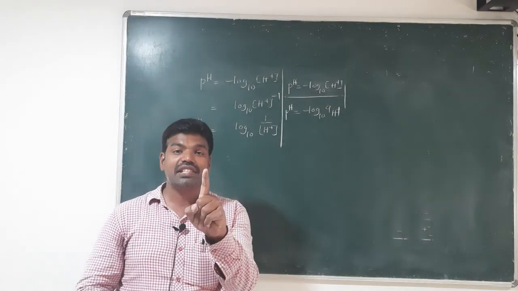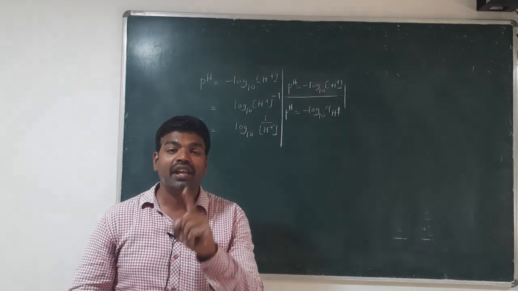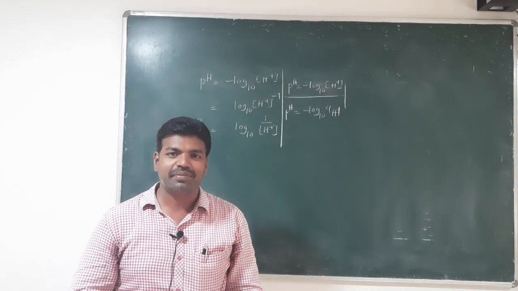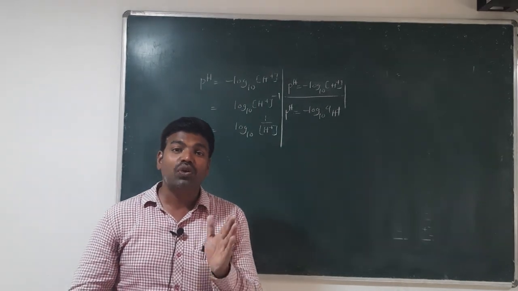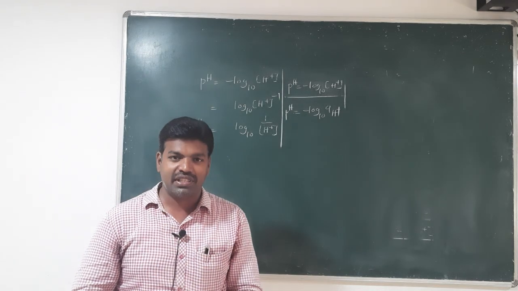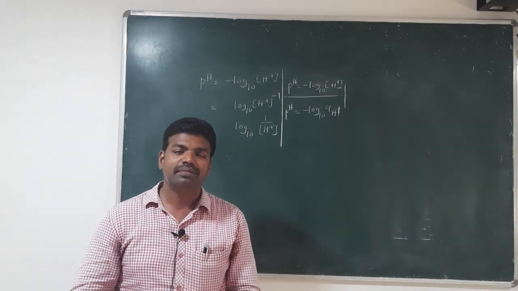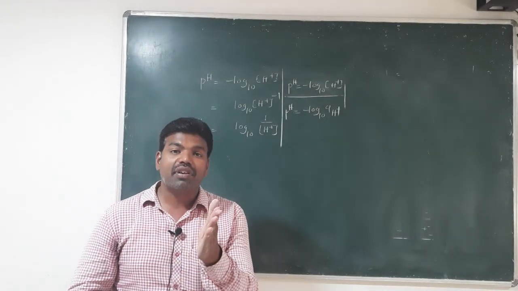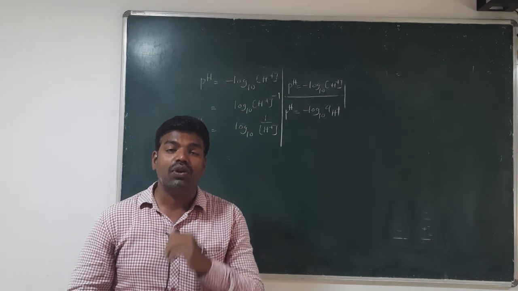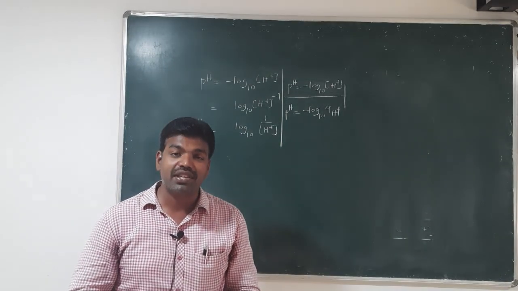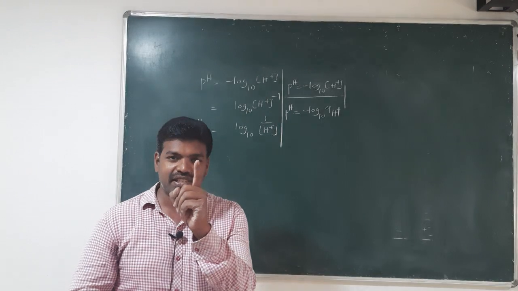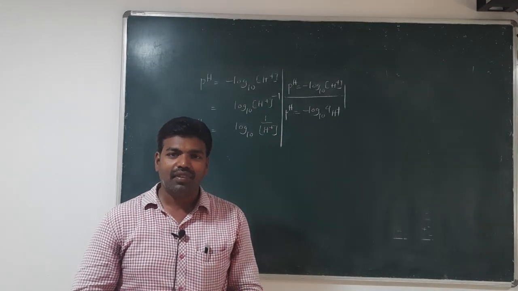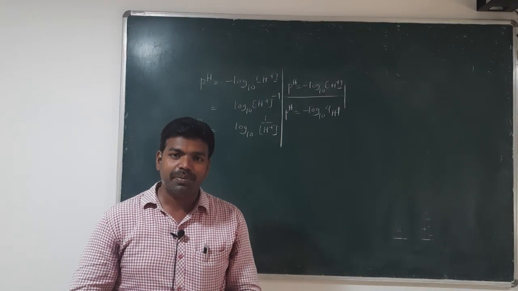That is the definition that is applicable to only dilute solutions. But when we go with high concentrated solutions, that is more than 1 normal, the definition for pH is negative logarithm to the base 10 of activity of H plus ions.